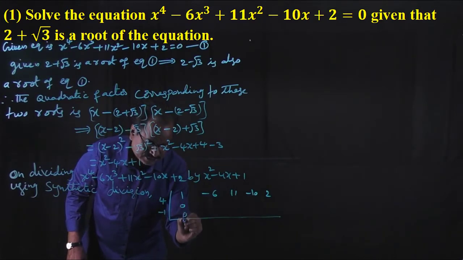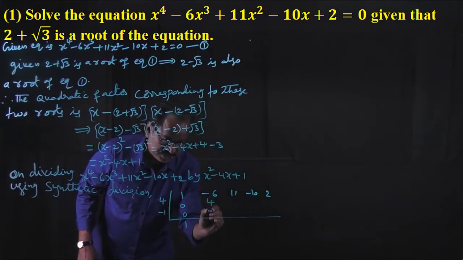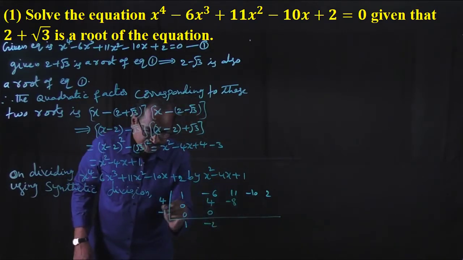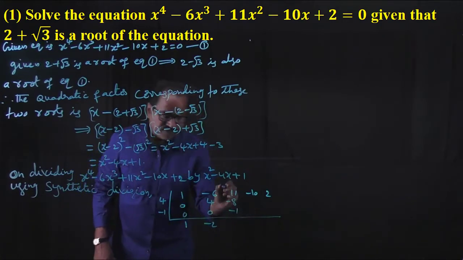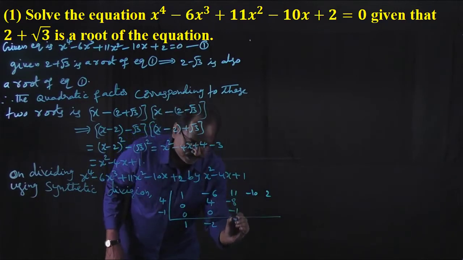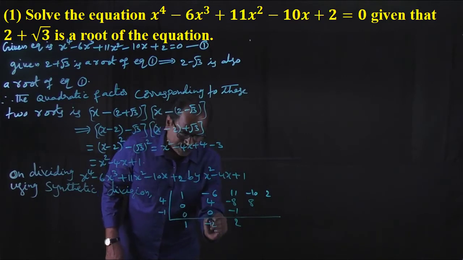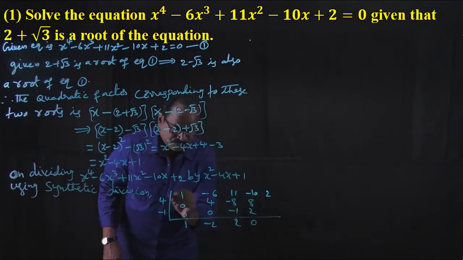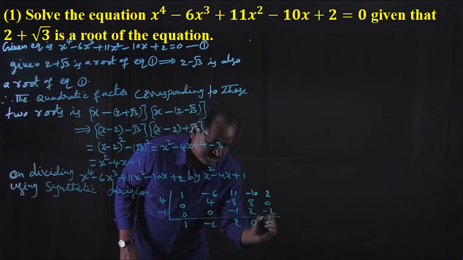Adding the terms: 4 into 1 is 4, plus 4 this is 0; minus 6 plus 4 is minus 2; 4 into minus 2 is minus 8, minus 1 into 1 is minus 1, 11 minus 9 is 2; 4 into 2 is 8, minus 1 into minus 2 is plus 2, minus 10 plus 10 is 0; 4 into 0 is 0, minus 1 into 2 is minus 2, this is 0.